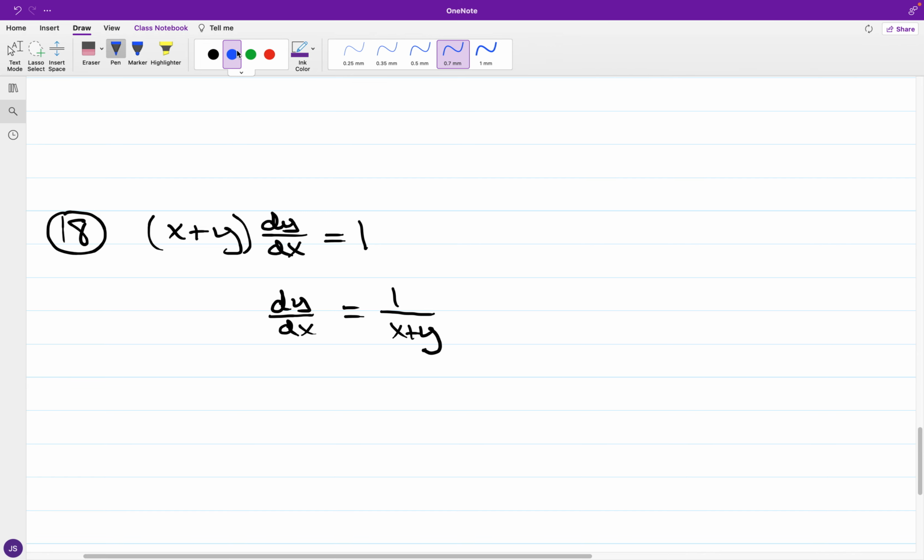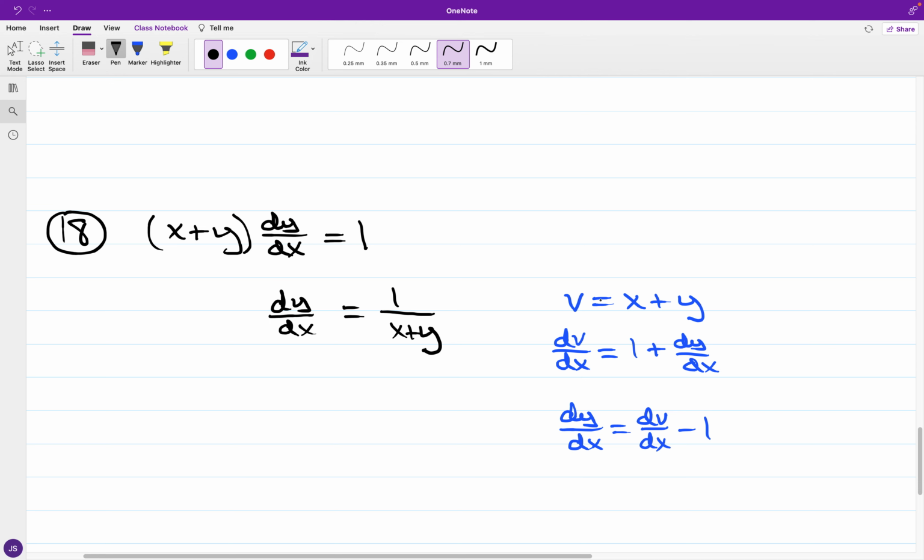If I apply v substitution, letting v be equal to x plus y and taking the derivative with respect to x, I have dv over dx is equal to 1 plus dy over dx. In the rewrite, dy over dx is equal to dv over dx minus 1.